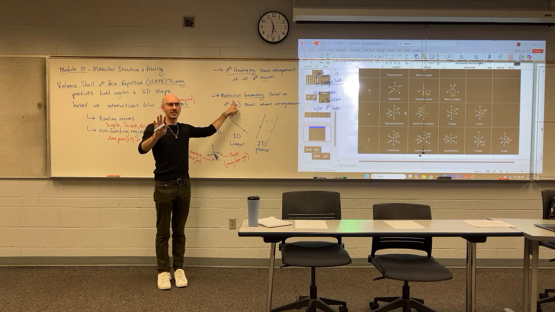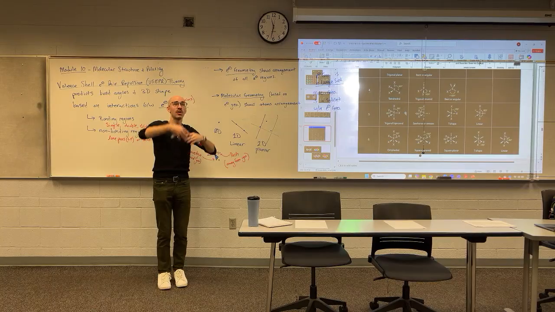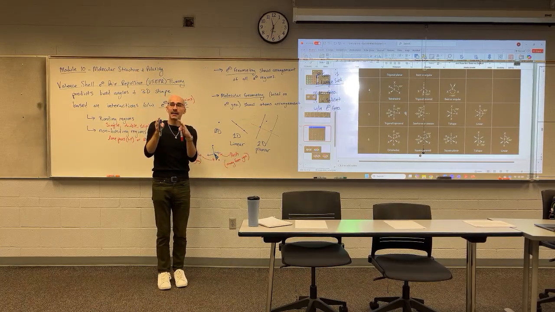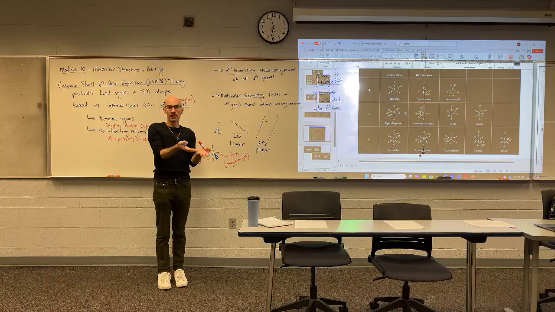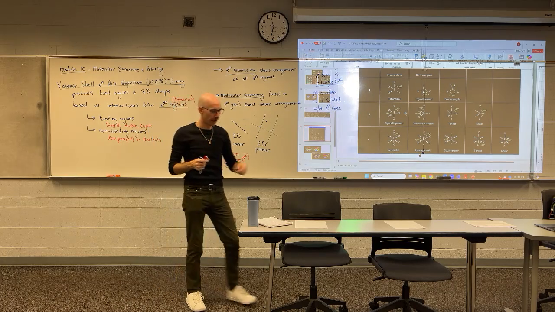The molecule doesn't have one molecular geometry. An atom has a geometry with how the molecule is arranged around it. Atoms have their own molecular geometries. Are you okay with that? So you'll look at each atom to determine its molecular geometry, each central atom.